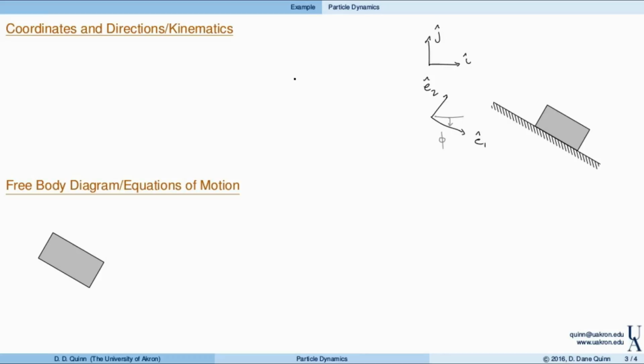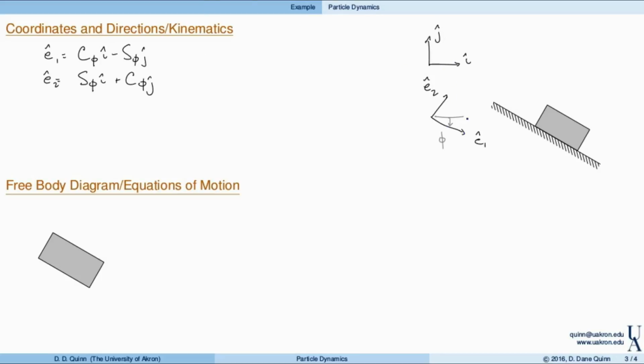As a result, we can relate these directions to one another. So in particular, looking at E1, we find that's cosine of phi in the i direction minus sine of phi in the j direction, while E2 is sine of phi in the i direction plus cosine of phi in the j direction.